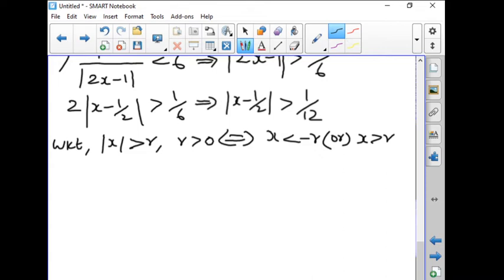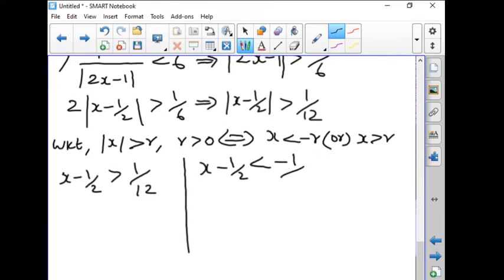So, therefore, what do we have? x minus 1 by 2 is greater than 1 by 12, or x minus 1 by 2 is less than minus 1 by 12. Okay, this is what we have.